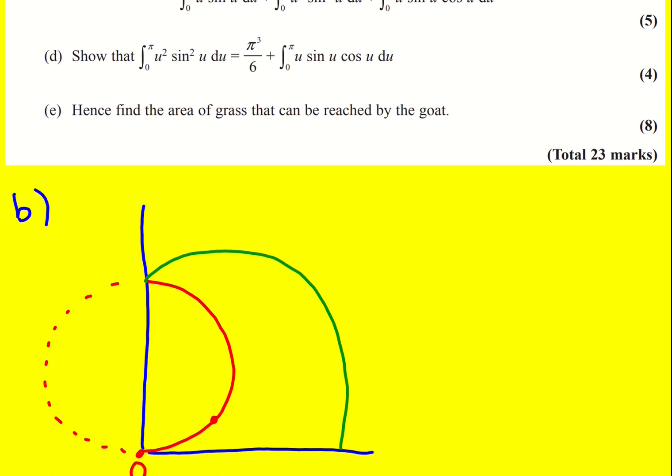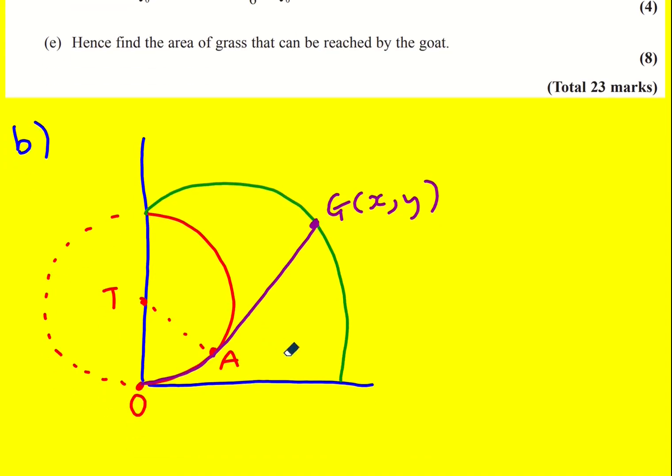We've got the point O. And the rope is going along here. And then we've got this tangent that goes to G. We're also told about point T. And then there's a line that goes to this point, and this is going to be A. And this is theta.